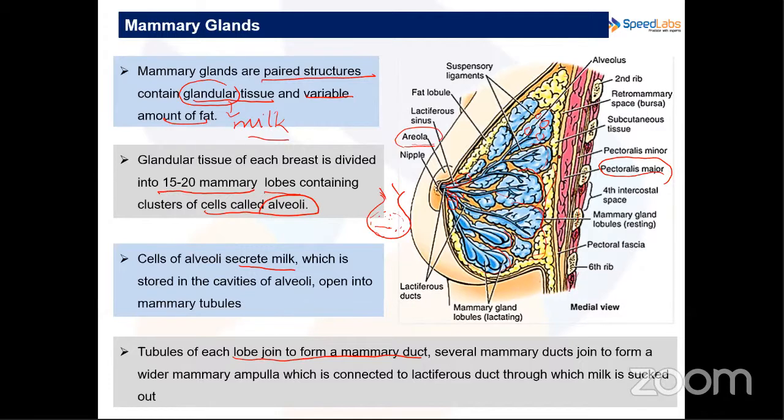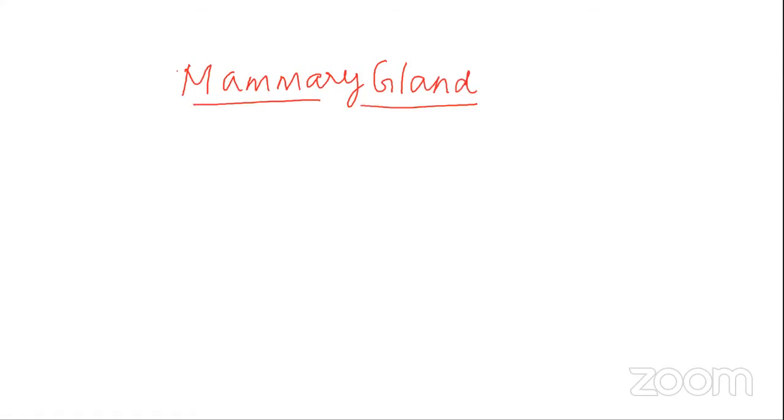So if we just want to properly understand the order of the various structures, let us just write it once. Mammary glands.